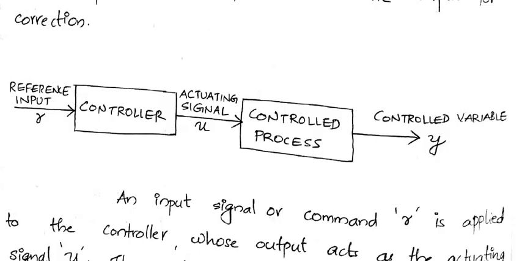Right. So if we want to maintain a constant temperature in the electric furnace, then we should go for a closed loop control system. We should give a feedback. So that was the second diagram we discussed in that section.